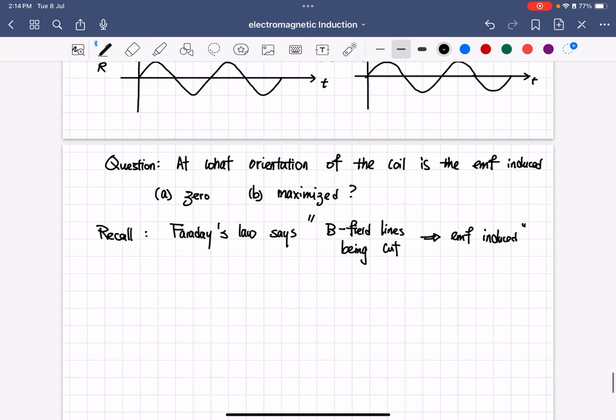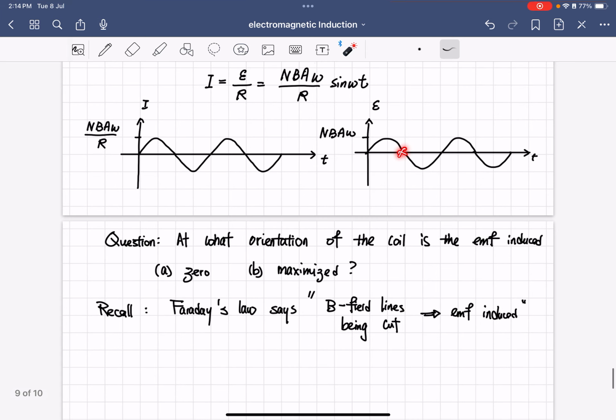So when EMF can be zero at some instant of time, it means that at that instant there is no cutting of magnetic field lines.